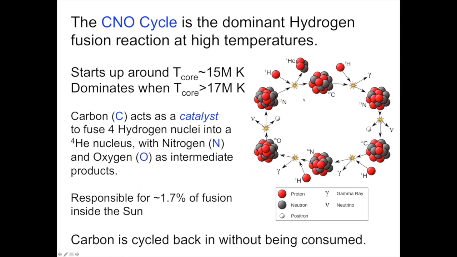You can see how the cycle returns back to carbon. Carbon enters the cycle at the top, 4 hydrogens fuse with various of the intermediate products, and at the end, 4 hydrogens have been fused into a helium, and the carbon comes back out. Because the carbon is not consumed by this reaction chain, we say that it acts as a catalyst.